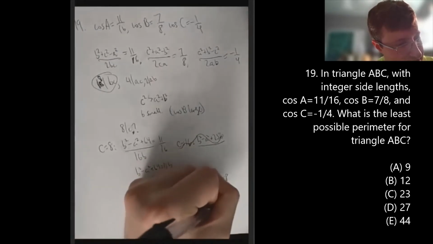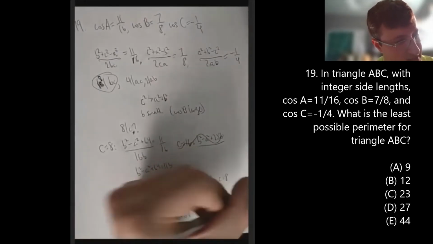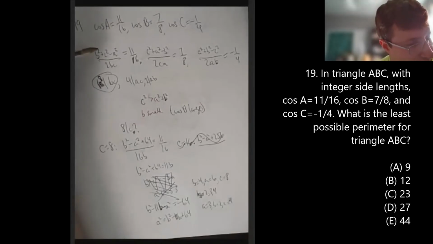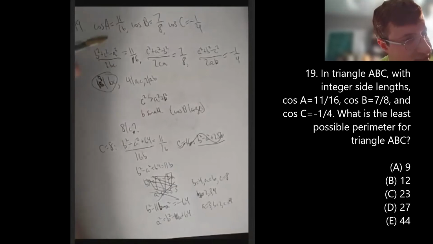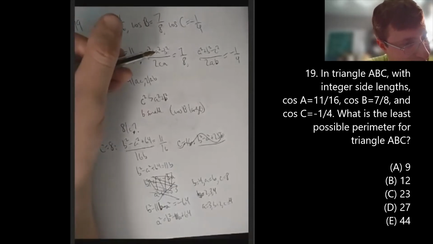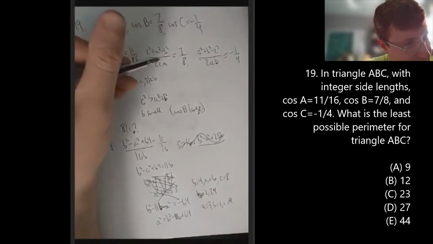A is 3, B is 2, C is 4. Okay, so 2 squared plus 4 squared minus 3 squared is 11. Okay, that one works. C squared plus A squared minus B squared.